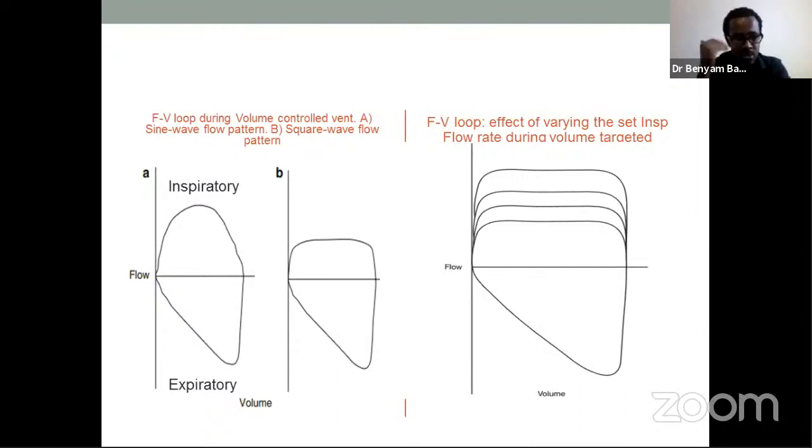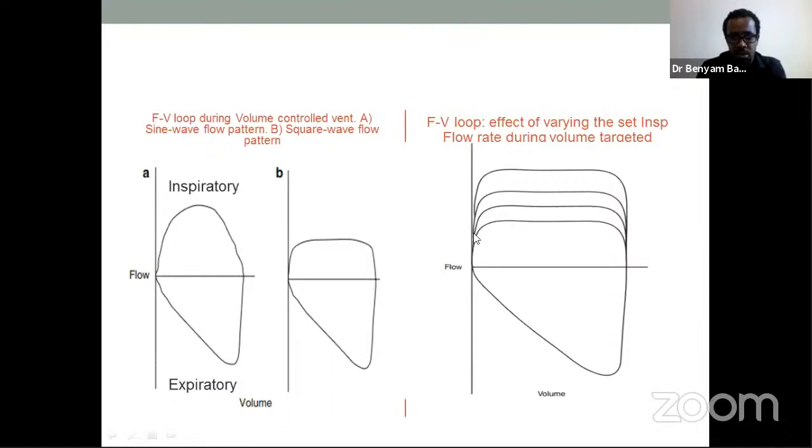So if we increase the flow rate, inspiratory time will be shortened and expiratory time will be prolonged. And if the flow rate is decreased, the inspiratory time will be prolonged, and the expiratory time will be shortened. So the flow rate is increased depending on what we have set.